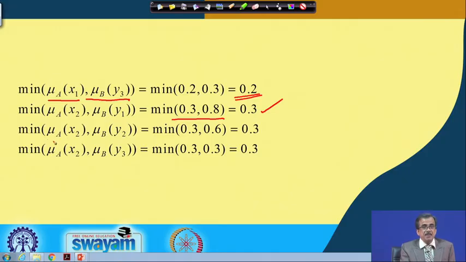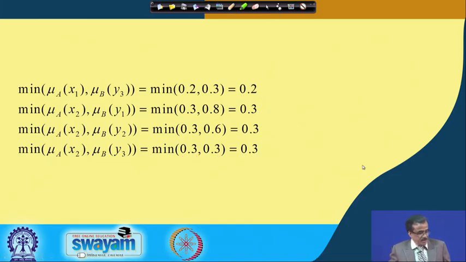Next is the minimum between mu A(x2) and mu B(y2), the minimum between 0.3 and 0.6, that is 0.3. The next is the minimum between mu A(x2) and mu B(y3), the minimum between 0.3 and 0.3, and the minimum is 0.3.